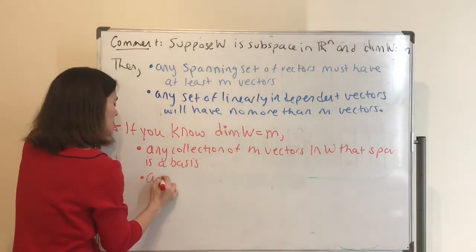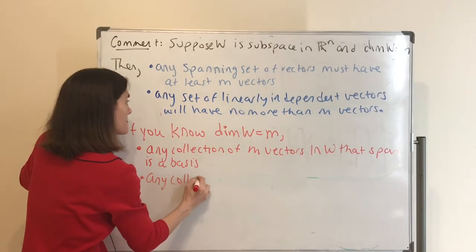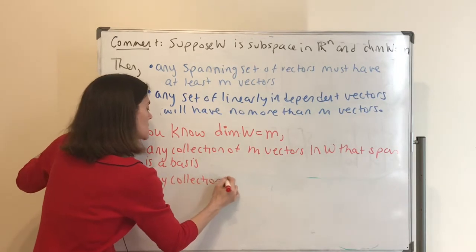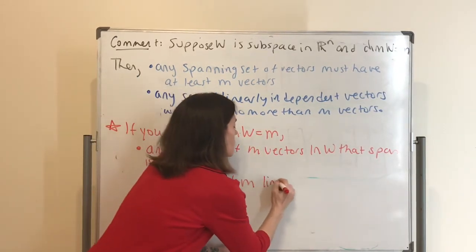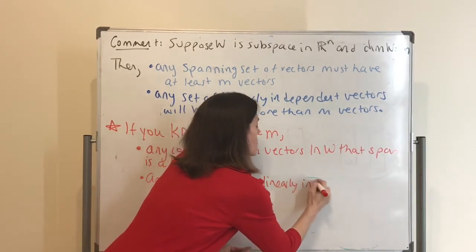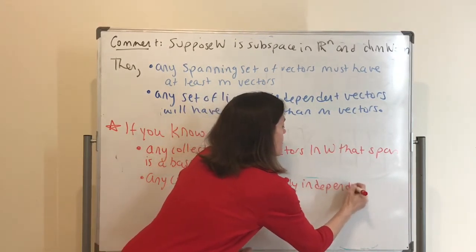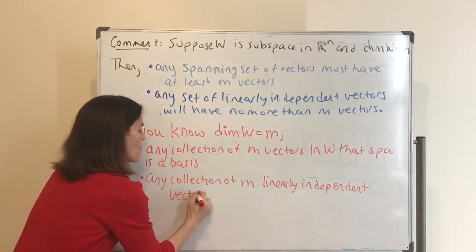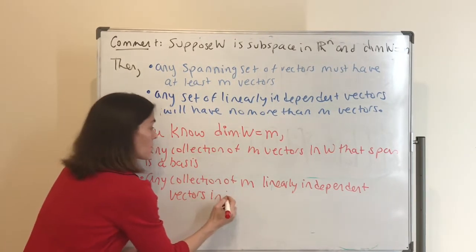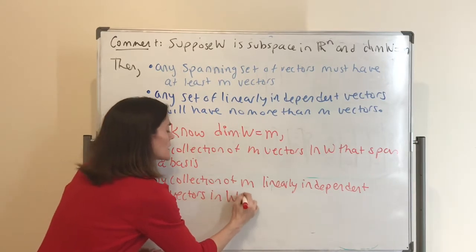And any collection of M linearly independent vectors in W is a basis.